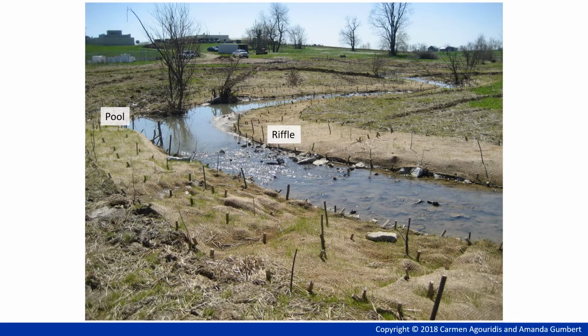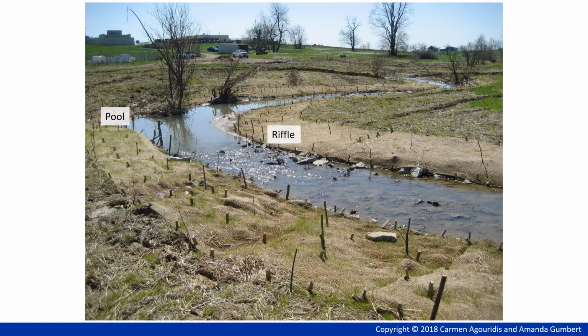The cross-sections of riffles and pools not only differ with regards to shape, but also with regards to average channel velocities. Riffle cross-sections are fairly uniform in shape. The highest velocities and greatest depths are in the center of the riffle.